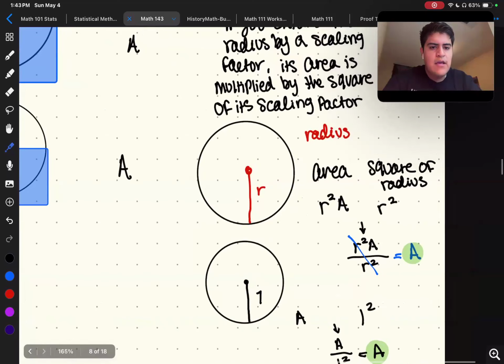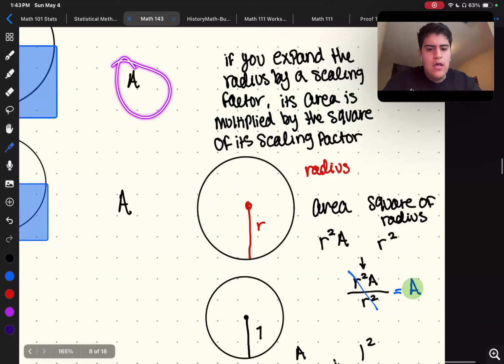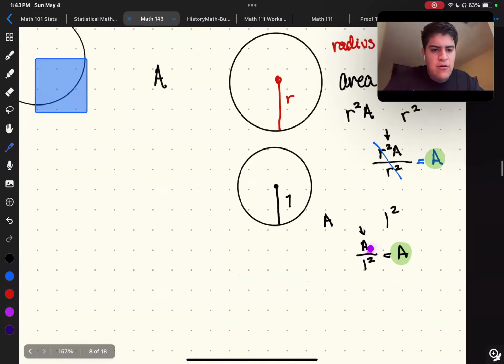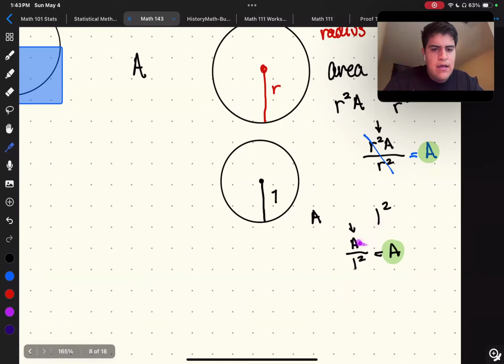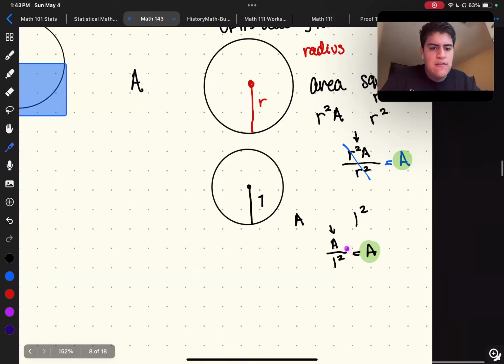So as we can see here, we have the area and the square of the radius. And if we divide these two, you see that the radius squares cancel out, and all we're left with is A, which is up here. The same goes for here: if we divide A by 1 squared, which is the radius, we get A back.